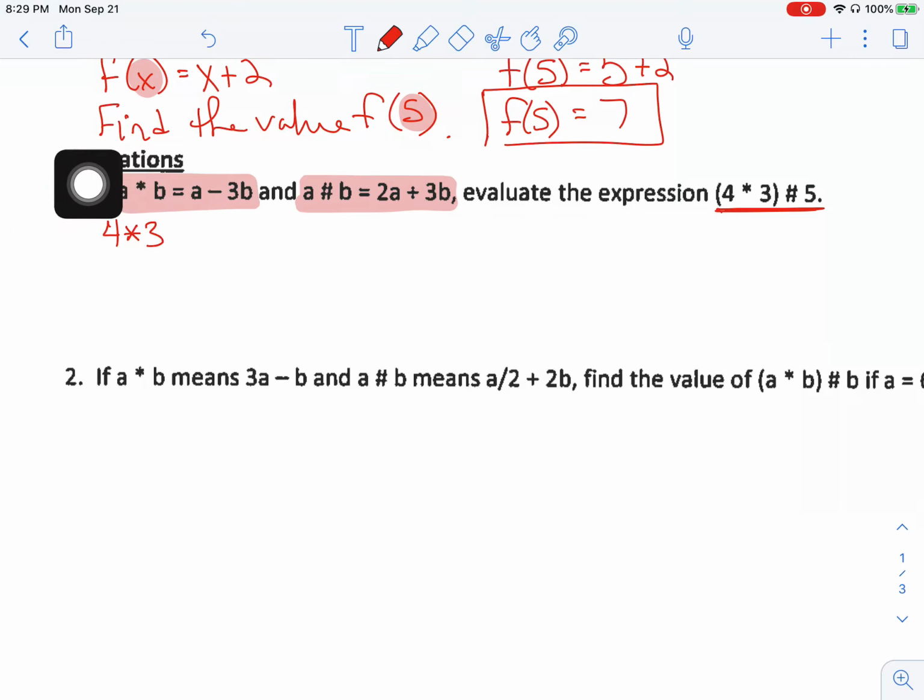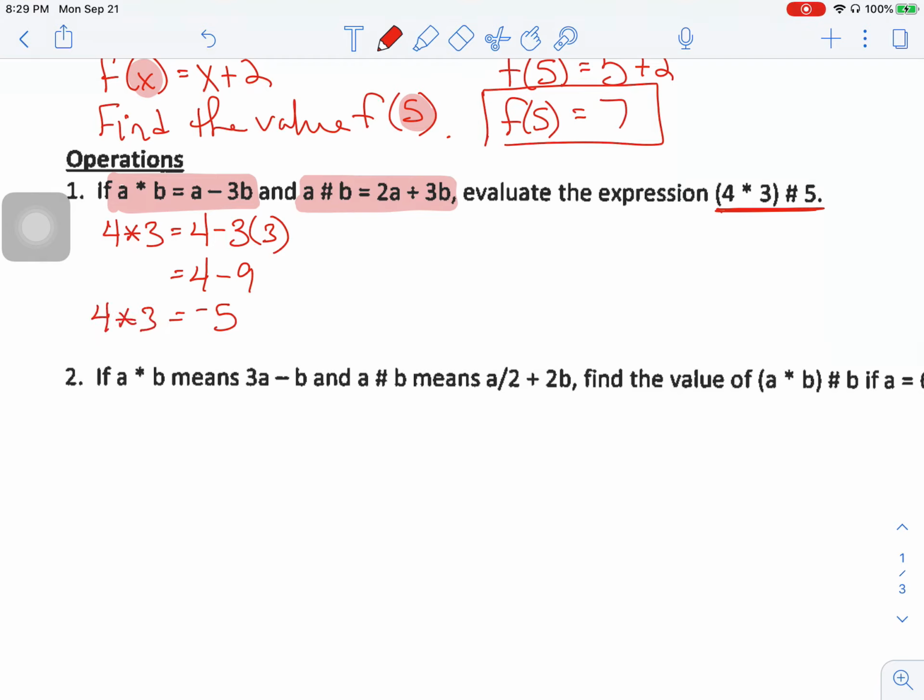B comes after the asterisk, 3 comes after the asterisk. So 3 is the value for B. So using those values, A gets replaced with 4 minus 3 times the value of B, which is 3. So let's see, 4 minus 9, so this turns into negative 5. Okay? So 4 asterisk 3 is equal to negative 5, based off of this definition in this problem.